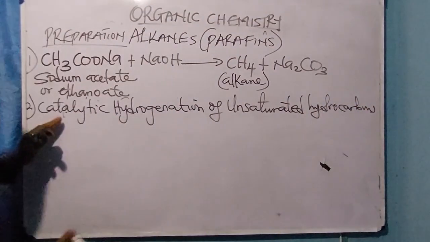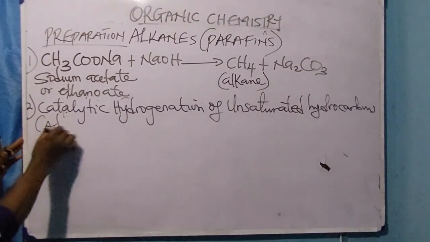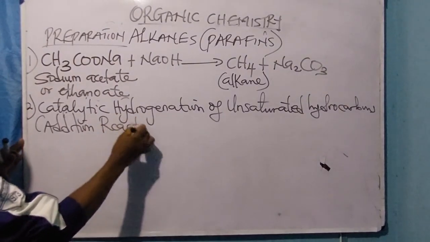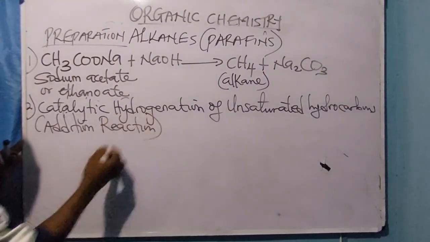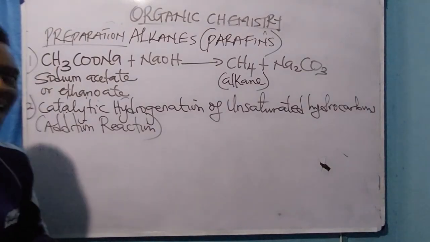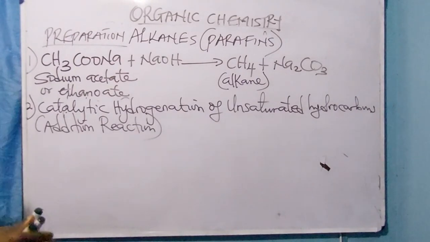Now, if I don't want to make use of this long name, I can simply write addition reaction. Alright, addition reaction. You know that the unsaturated hydrocarbons are the alkenes and alkynes.